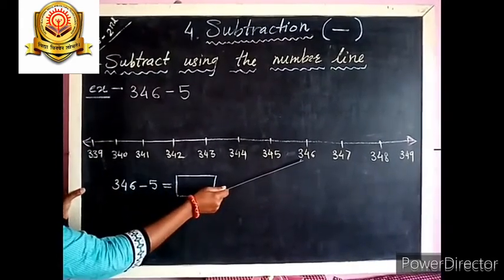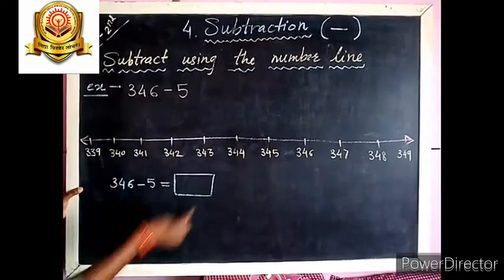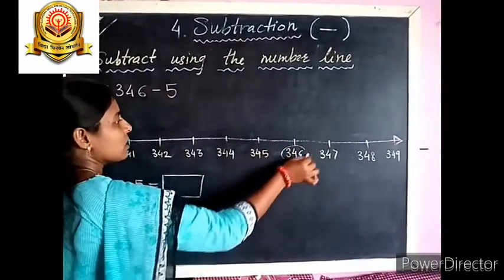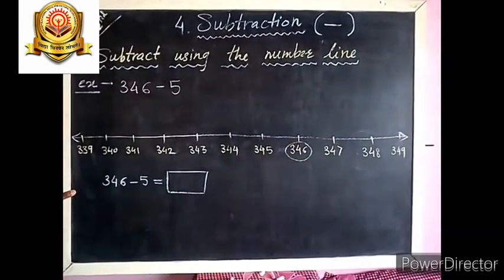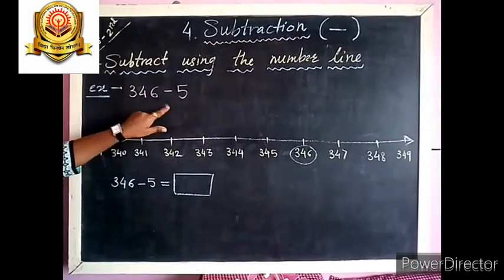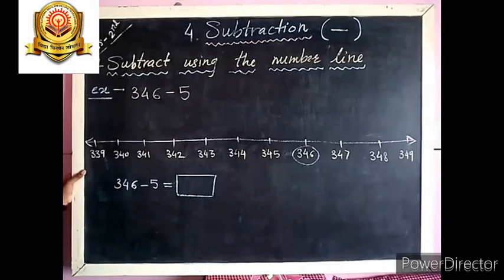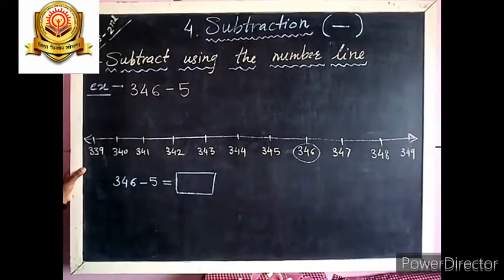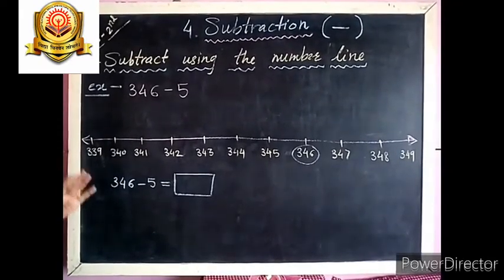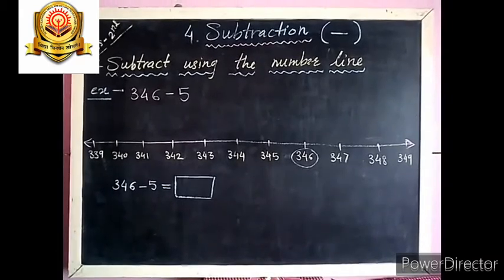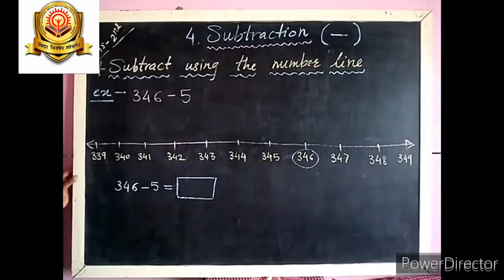Here, 346. So, circle 346. And students, we need to subtract 5 from 346. So, we jump from 346 five times, which means going to the left side.